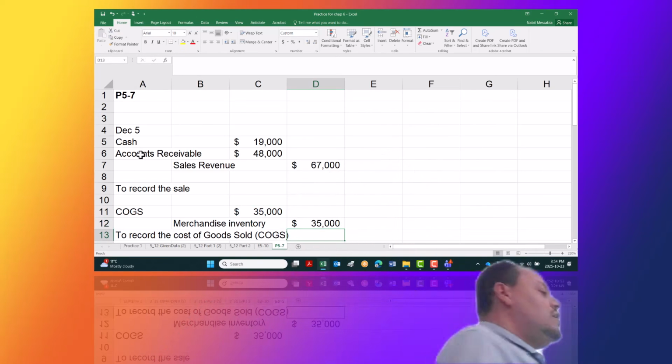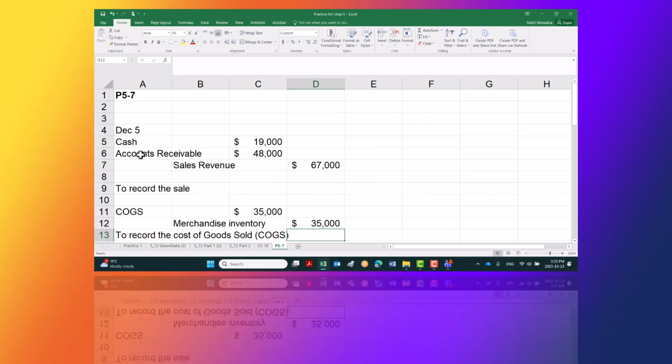And then on December 12, collected the amount due from the customer for the credit sale of December 5th. How much are we going to collect? How much? 48,000. Okay. The sale was done with this condition: 2/10, n/60, which means you get a 2% discount if you pay within 10 days.